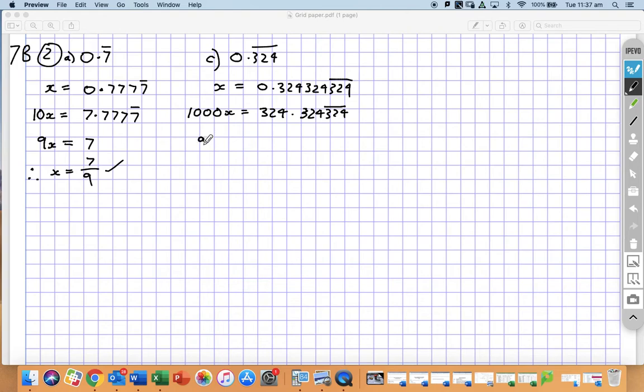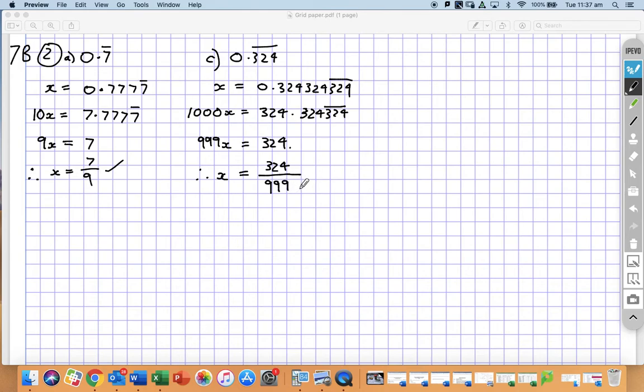So 999x would equal 324. Okay, so therefore x has to equal 324 divided by 999.